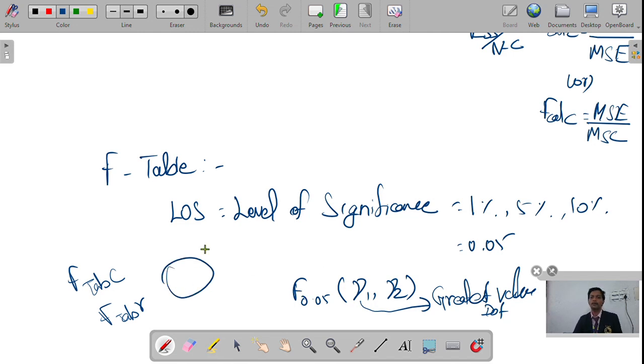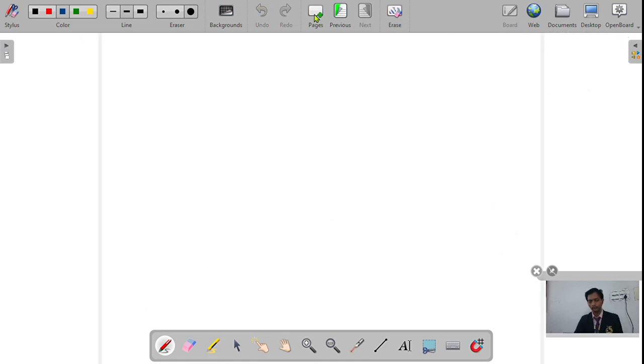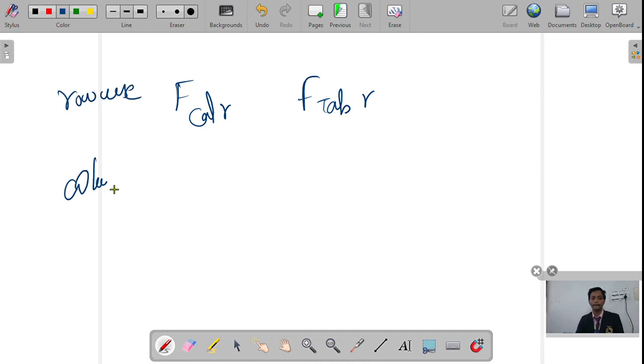We are going to compare these two values, F cal and F tab. For row wise, we compare F cal of R with F tab R. In column wise, F cal C is compared with F tab C.